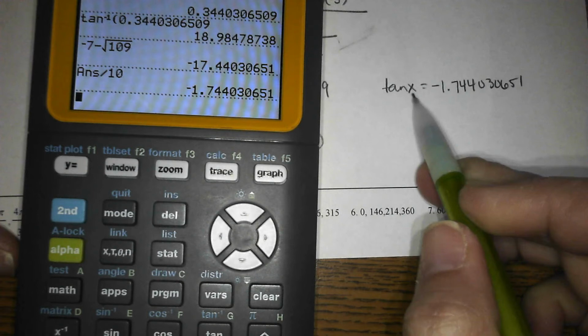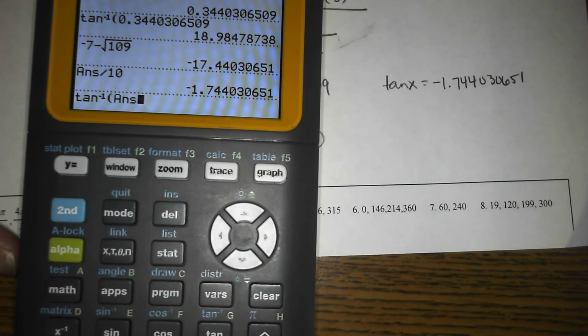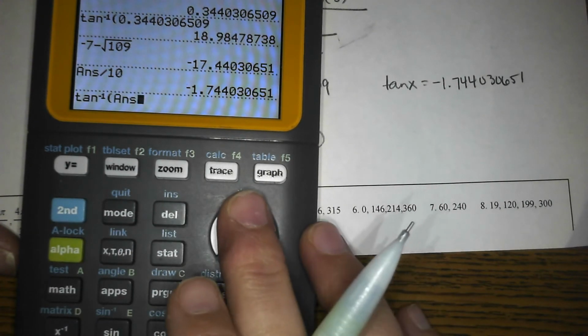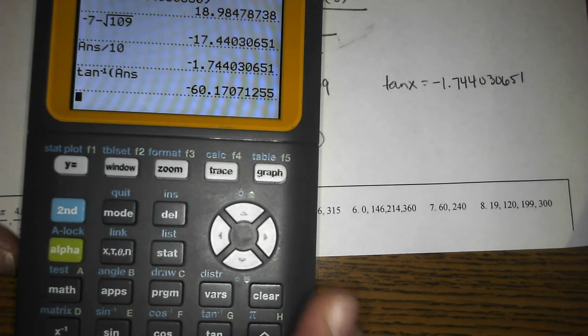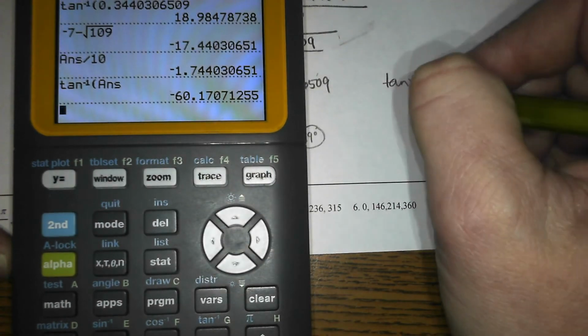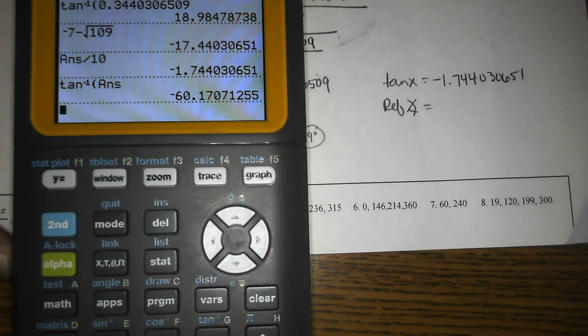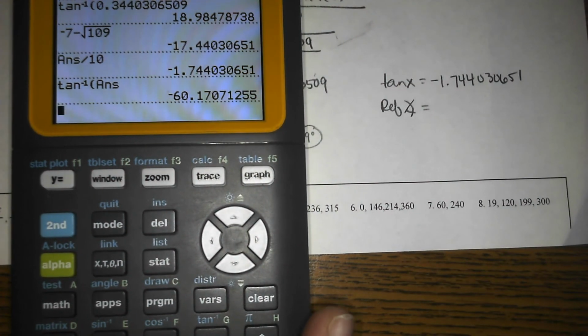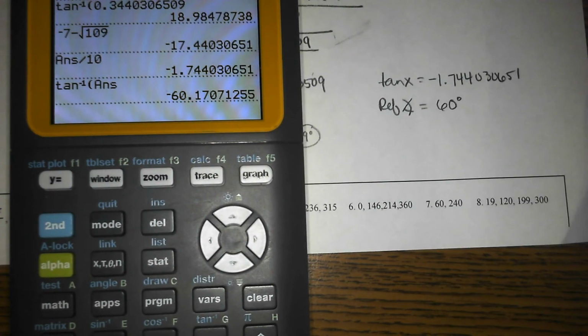I'm going to do inverse tangent of that number, or I use the answer key, but you guys can go up and scroll. I get negative 60. What is the reference angle if, and I'm going to write reference angle so you know that this is not an answer. What's the reference angle of a negative 60? 60.